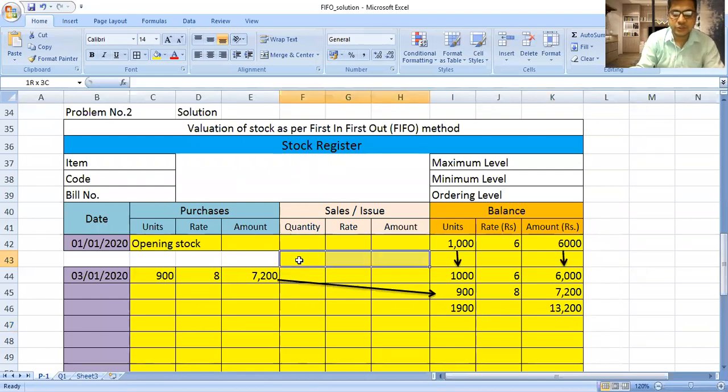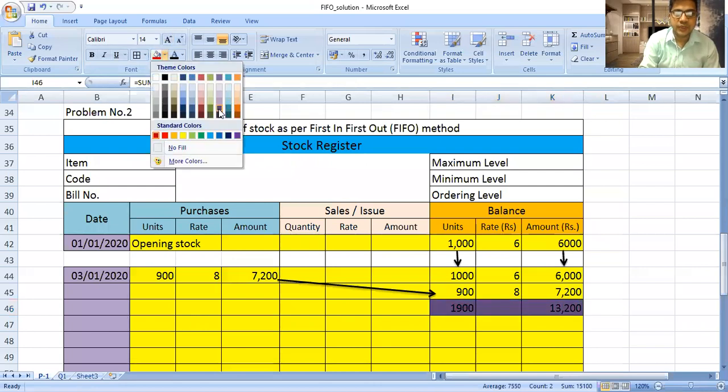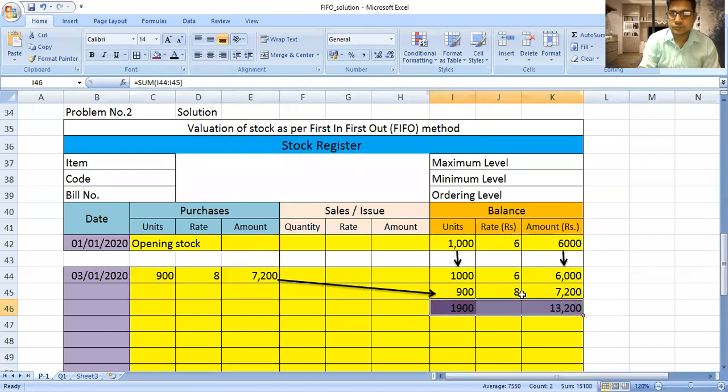So friends, keep these things in mind. On 3rd January 2020, we have this particular balance available: 1900 units, and total value is 13,200.